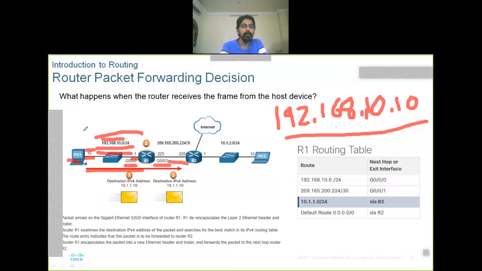And what is the network address of this LAN? We represent the network address, or route address, with the last bit 0. So the network address is 192.168.10.0/24. For the time being, consider that a mask notation.